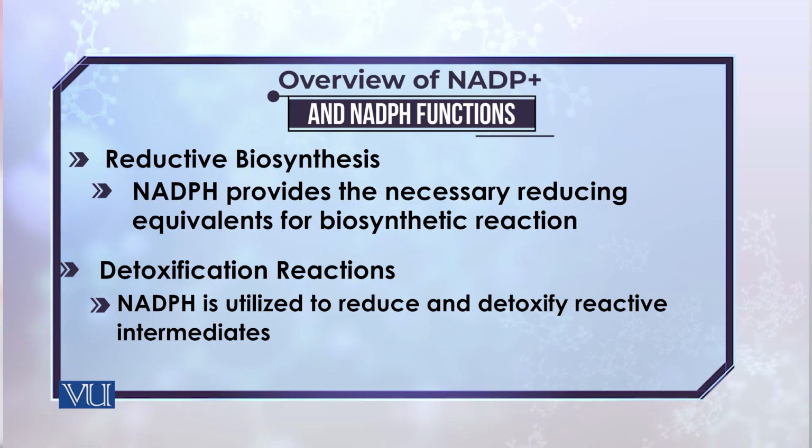NADPH, with its ability as a reducing equivalent, is used to neutralize many reactive oxygen species and free radicals, and in this way the harm which these reactive species or free radicals can exert on our body can be reduced because of the presence of NADPH, because of its role as a neutralizing agent.